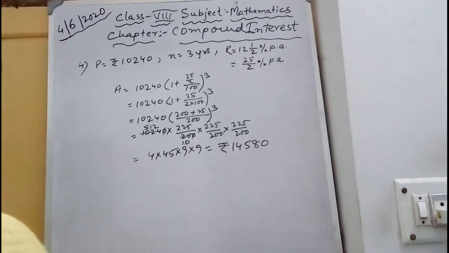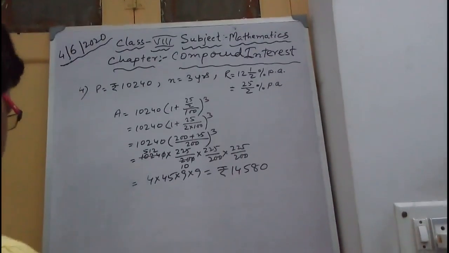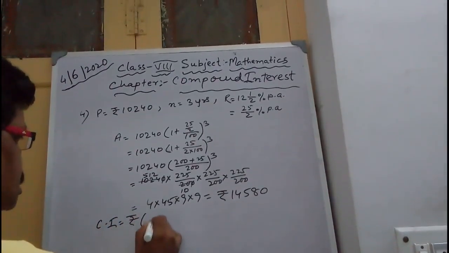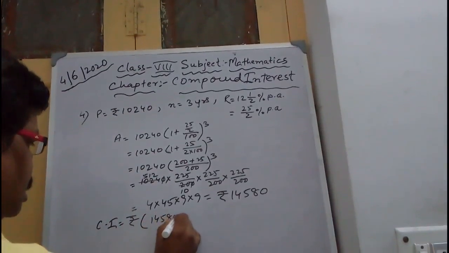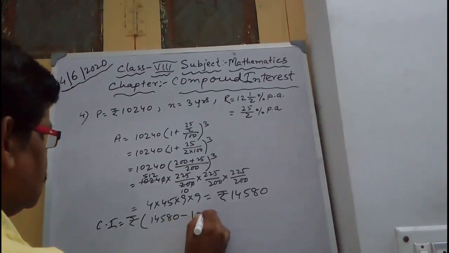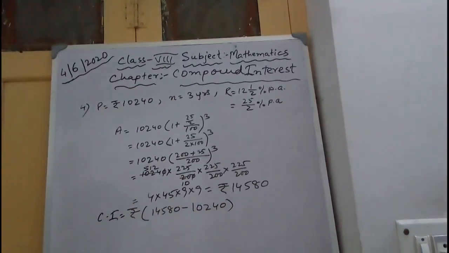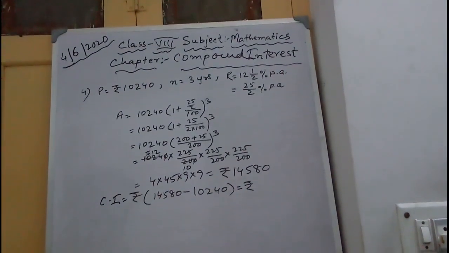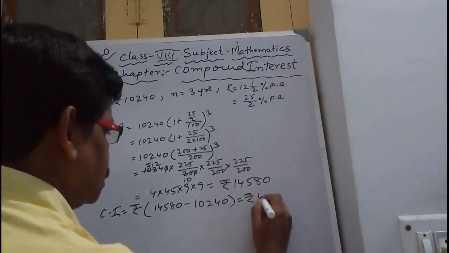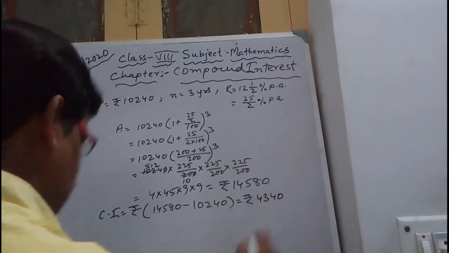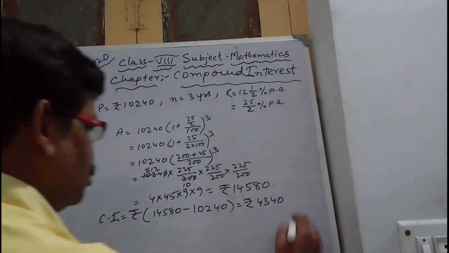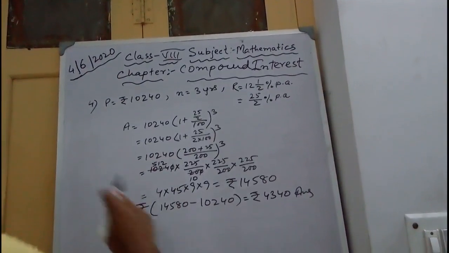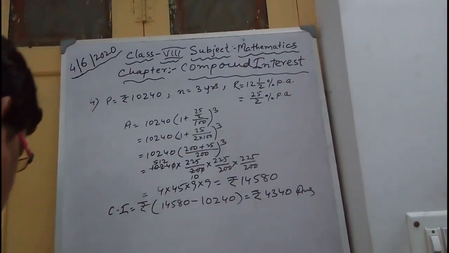So amount is 14,580. Therefore compound interest equal to rupees 14,580 minus 10240. So now subtract, which is equal to 4340. So this one is the compound interest of this question by using the formula of the amount.